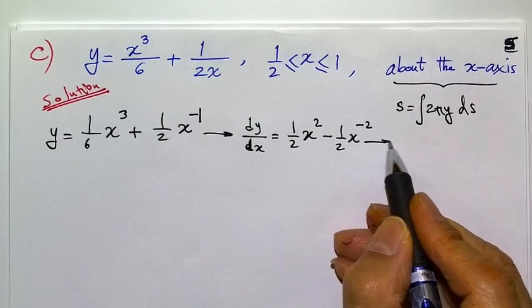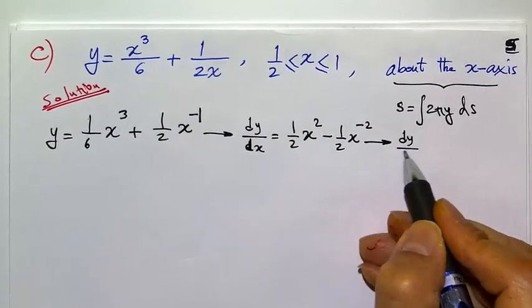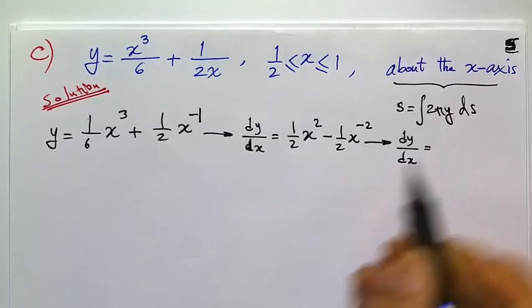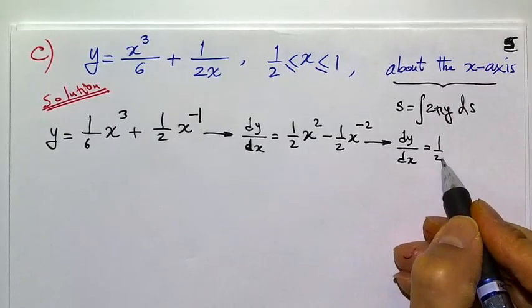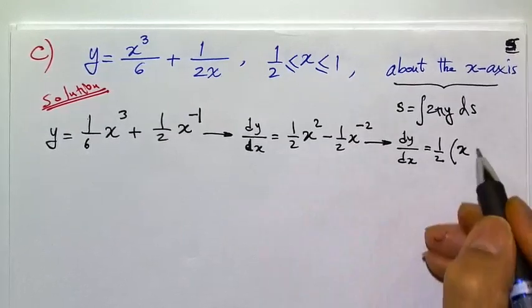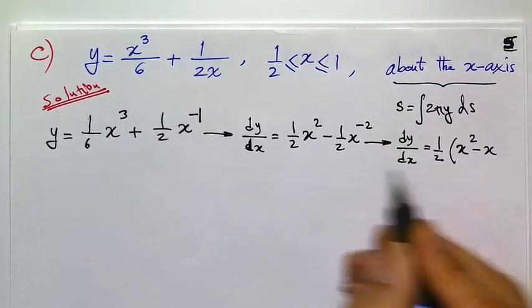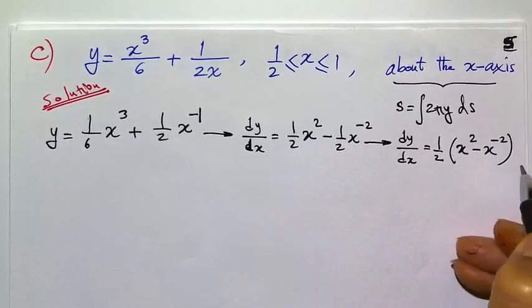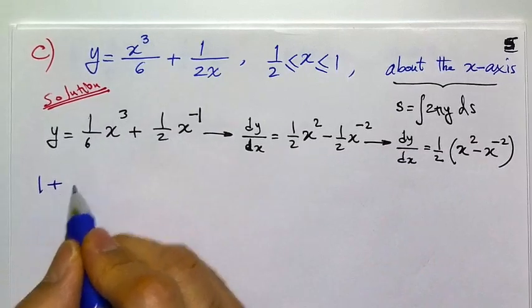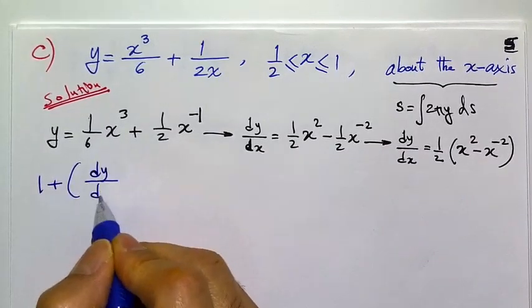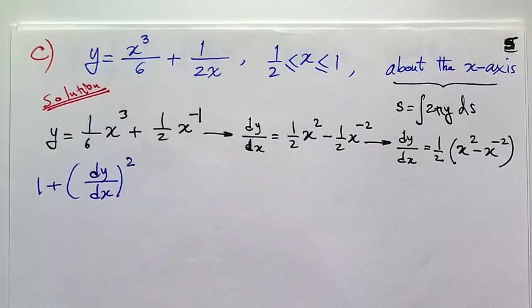And then from that, we get dy/dx equals, 1/2 is common here, let's factor it out, 1/2 times x squared minus x to the minus 2 power. Okay, so this is our dy/dx. Let's find out our 1 plus (dy/dx) squared.